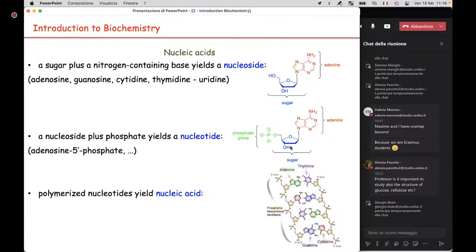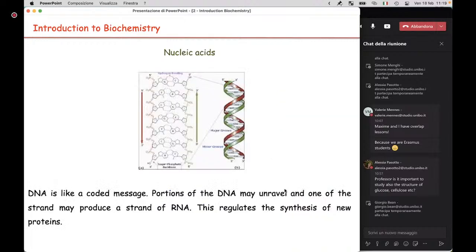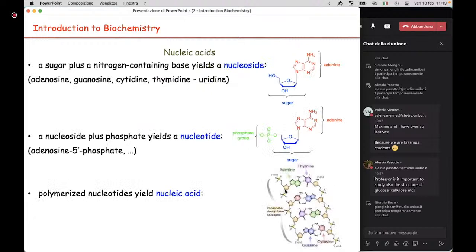And you can see that this OH of the sugar is connected to the phosphate of the following nucleotide, okay? Here you have a nucleotide, and the sugar here is bonded to the phosphate of the following nucleotide, and so on, and so on.